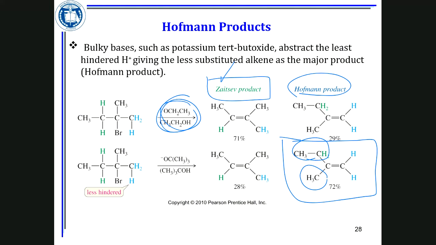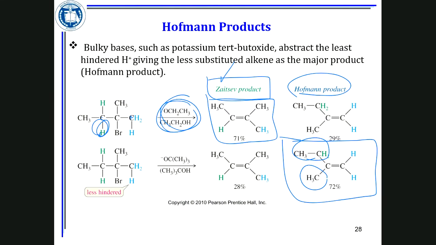So when you have two choices, hydrogen from the least substituted carbon, or hydrogen from the more substituted carbon. If the more substituted carbon is abstracted, you will get the more stable product, known as the Zaitsev product. If the least substituted hydrogen is abstracted, you would get the Hofmann product.